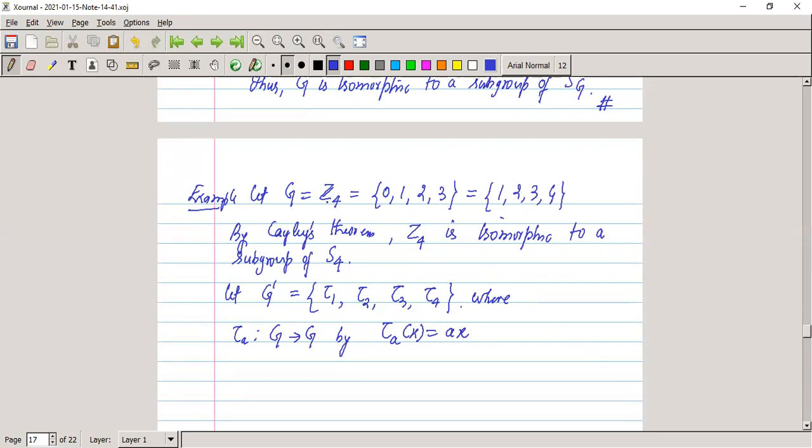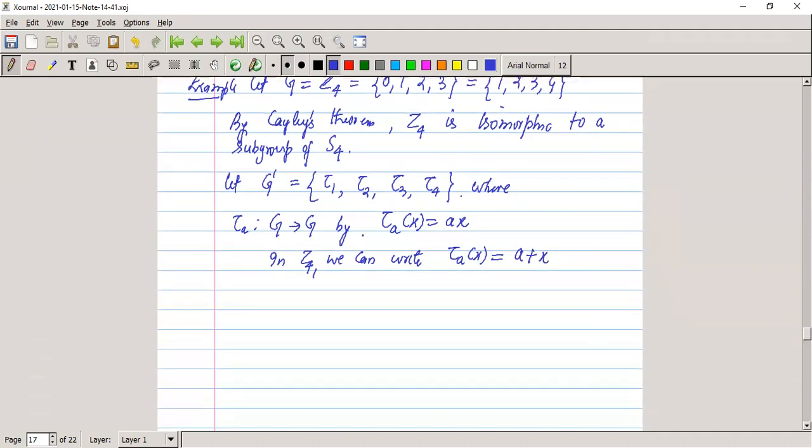Now here we can see that our chosen group is Z4, and since Z4 is a group under addition, in Z4 we can write tau a of x is equal to a plus x. Now let's compute this tau 1, tau 2, tau 3, and tau 4.